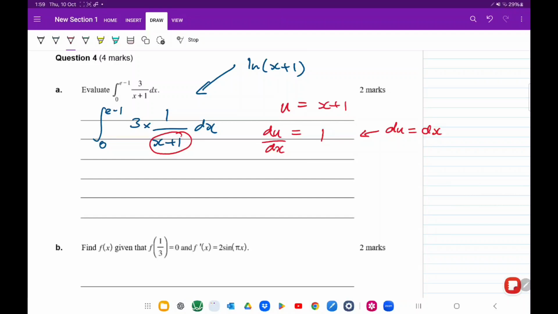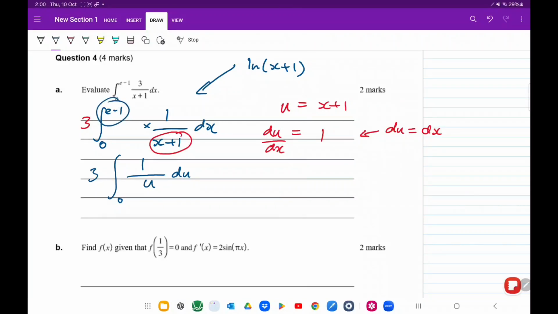Then, if we take this 3 out to the front, we end up getting 3 times the integral of 1 over u du, from 0 to, okay, we've got to change the bounds for that, but I'm going to change it back, so I'm going to just ignore that for now.